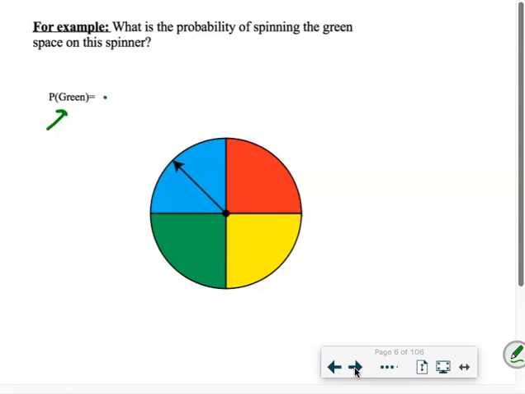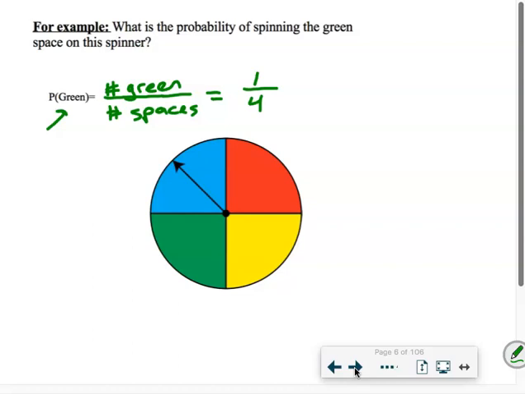Up top we want to put the number of green spaces. On the bottom we want to put the number of spaces. Up top is how many ways we can successfully get a green. On the bottom is how many possibilities there are. If you look at the spinner, there's exactly 1 green space, and there are 4 spaces.